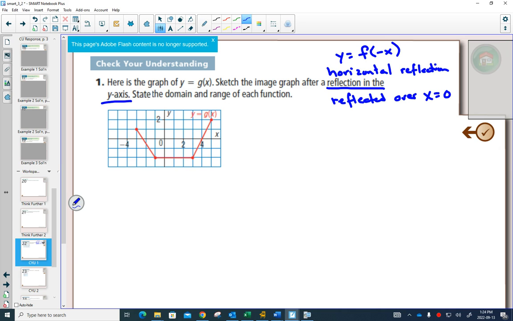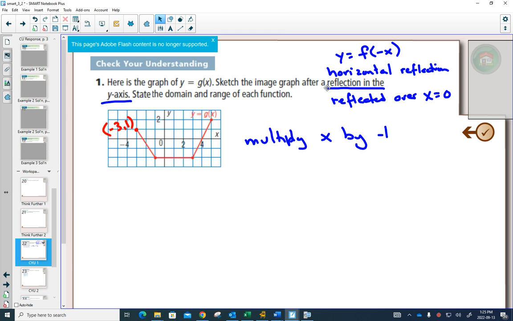So we could take a point. Like for example, this point right here is at negative 3, 1. What am I going to do? If the negative's with the x, I'm going to multiply algebraically. I'm going to multiply my x values by negative 1. Graphically, that's going to flip over.